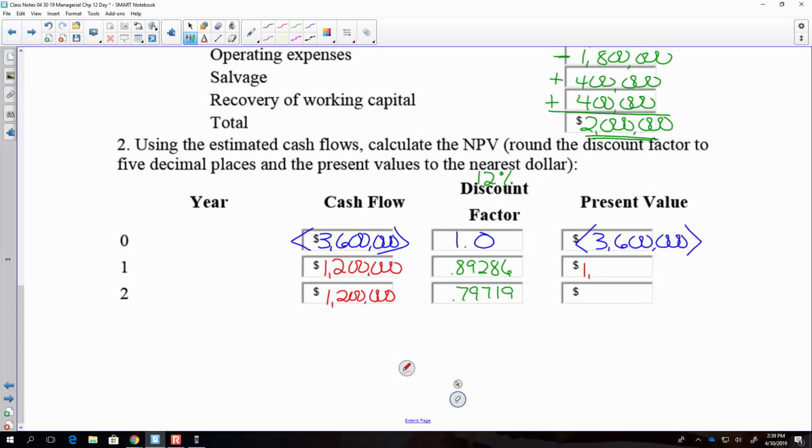We get 1,071,432. Year 2 at 1.2 is only worth 956,628.